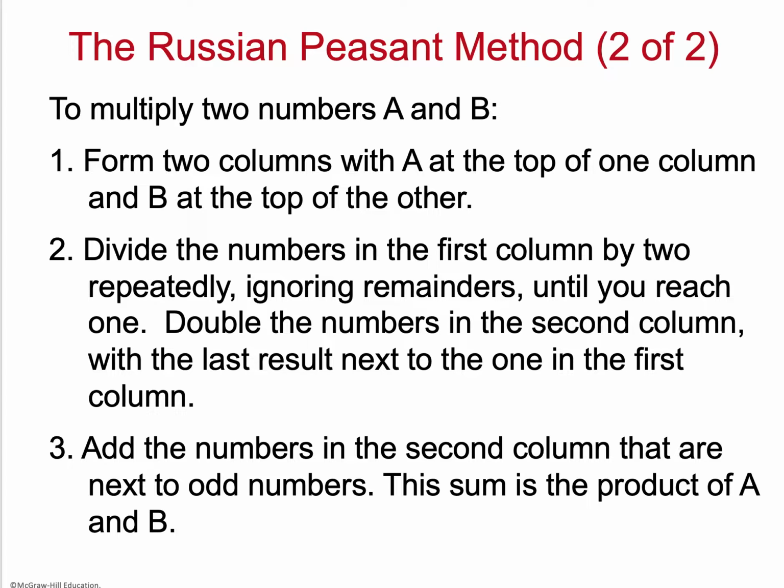So instead of 1, it's an A and a B. So 13 and 24 would both be at the top. Divide the numbers in the first column by 2 repeatedly, and I'm going to ignore any and all remainders until I get to 1. And then while I'm dividing by 2, I'm going to double the numbers in the second column. And then I will add the second column numbers that are next to odd numbers. And that's going to form the product of A and B.